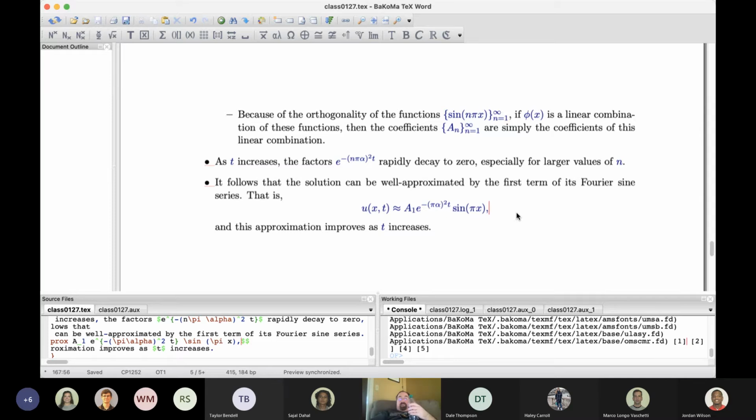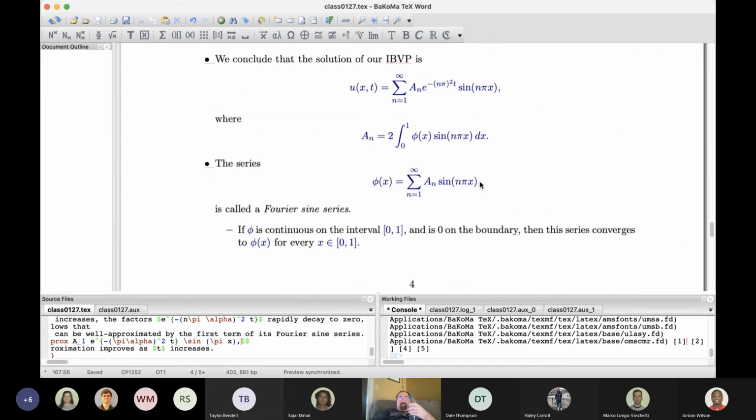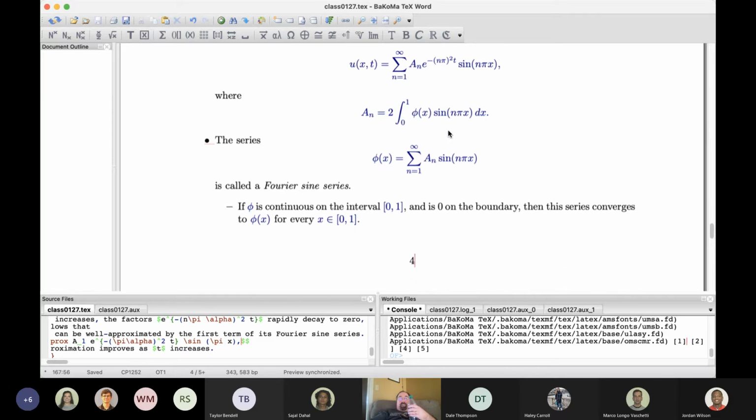In general, the smoother phi of x is, the more rapidly these coefficients an go to 0. So in that case, you may be able to get away with just using a few terms of the series to get a decent approximation of u of x,t.